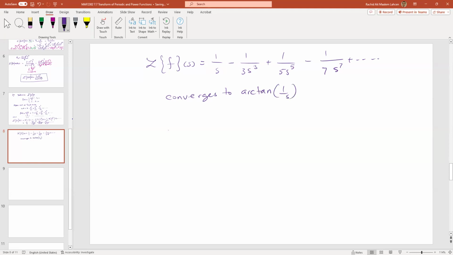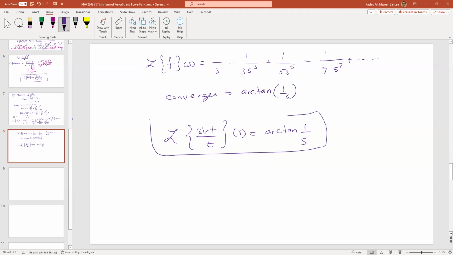So here is the Laplace transform of sine of t divided by t on s: it is arctangent of 1 over s. So you can add these to your formula sheet.